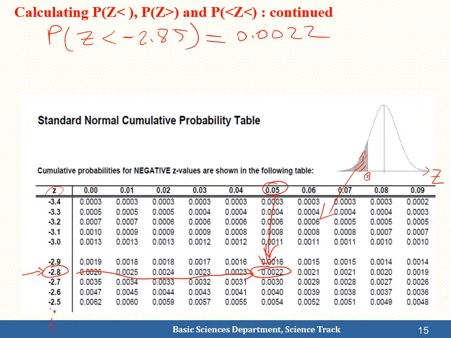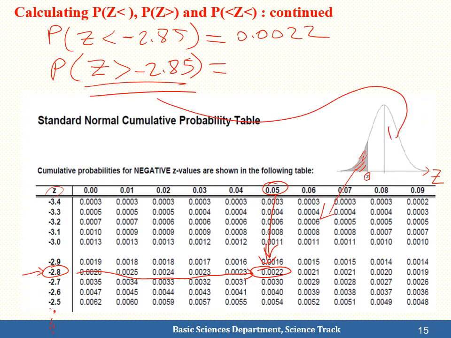Now, what about the probability that z is bigger than negative 2.85? This type of question is asking for this part of the graph. How can you find it? Basically you calculate the area.